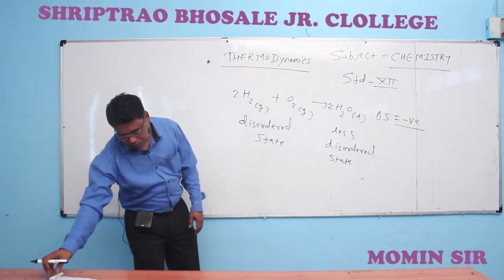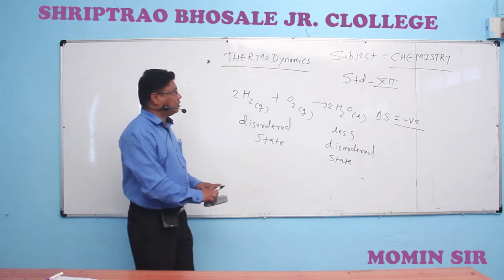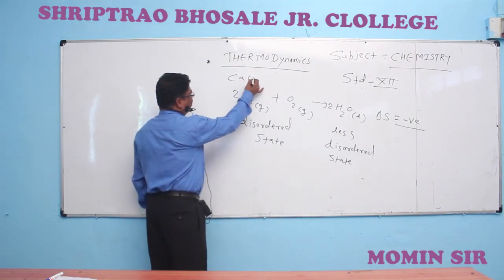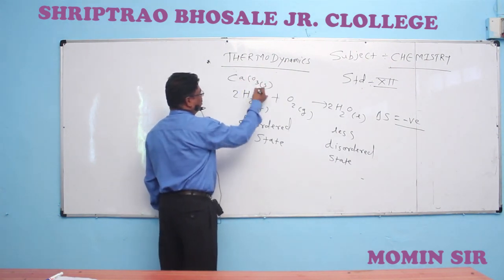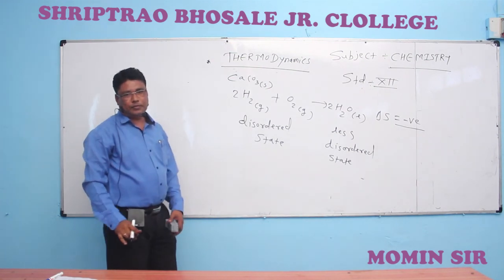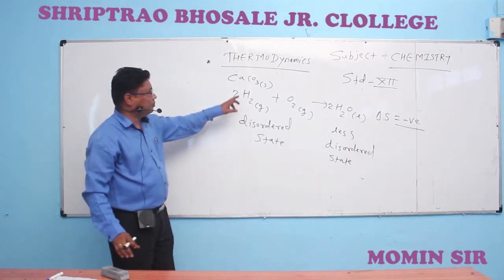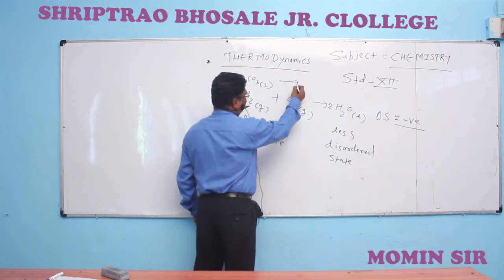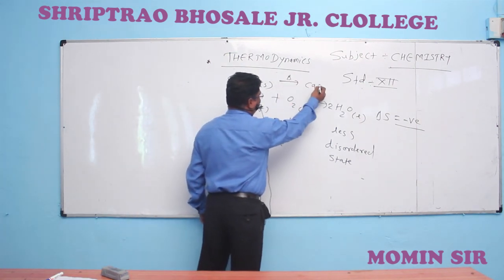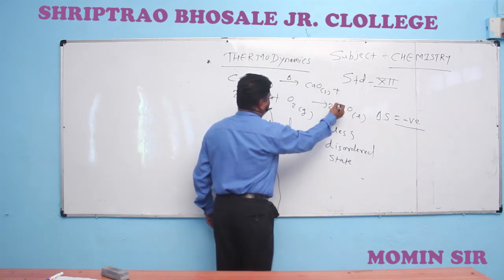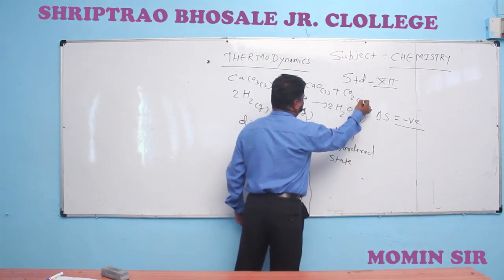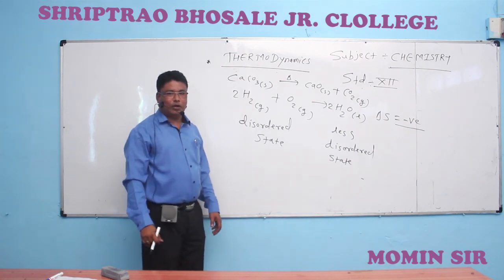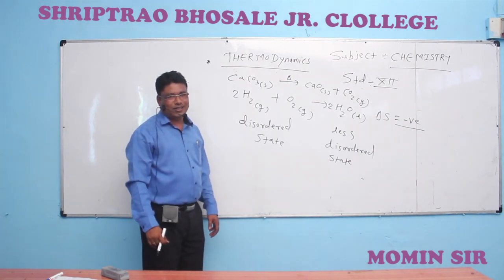One more example. For example, calcium carbonate, CaCO3. It is a solid substance, a salt. When we heat it, it gives calcium oxide solid plus CO2 gas. Can you imagine what will be the value of delta S?